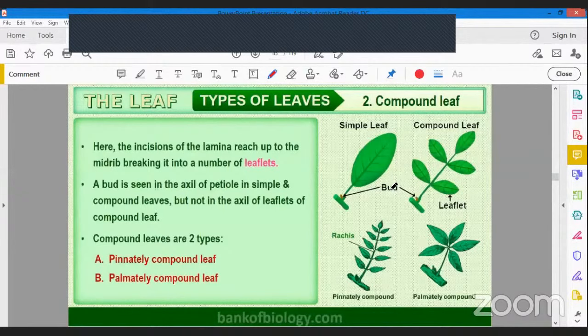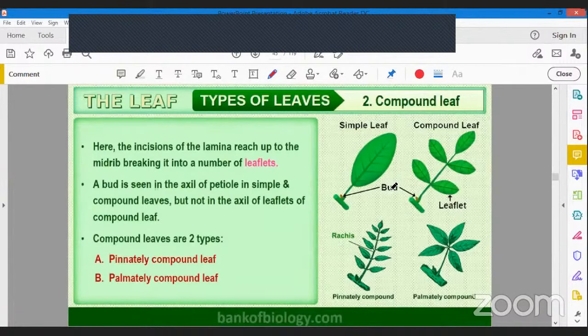Okay. So a bud is seen in the axil of the petiole in simple and compound leaf, but not in the axil of the leaflets of compound leaf. So now the main difference is the leaf base.